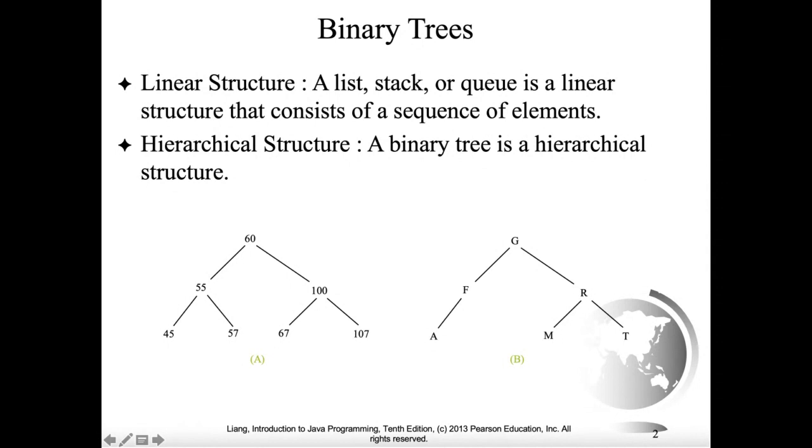And then they also are siblings. So siblings are going to have the same father. So here also F and R, they both have the same father, G, and G is the root, and so they're also considered siblings.